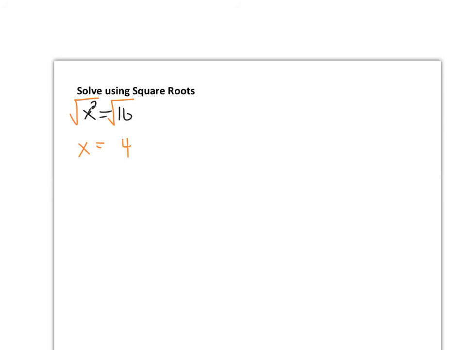But there's one extra thing that we've got to remember here: when I take the square root of a variable squared and I have that number, I have to add this plus or minus in front. All right, so that plus or minus is telling me that both +4 and -4 are solutions to my original equation.